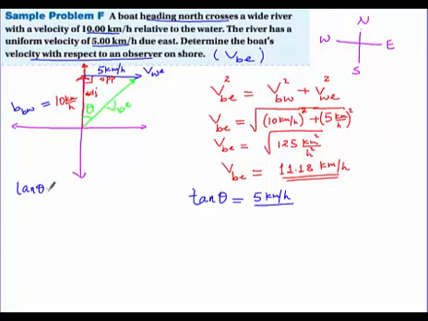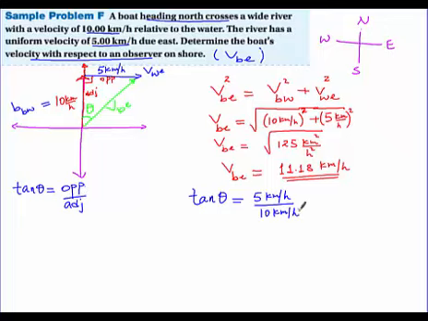We know that tangent of any angle is defined as the opposite side divided by the adjacent side. The side opposite to this angle is 5 kilometers per hour, that is the current speed of the water, and the adjacent side is the speed of the boat in the north direction, that is 10 kilometers per hour.